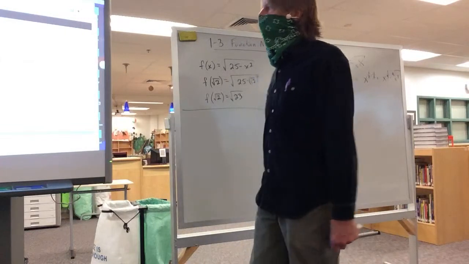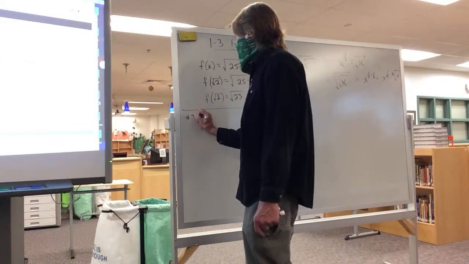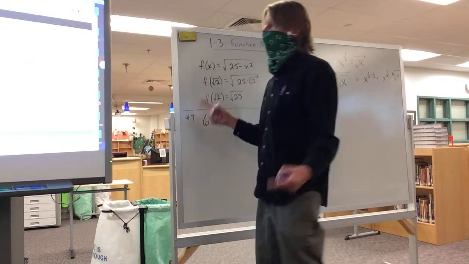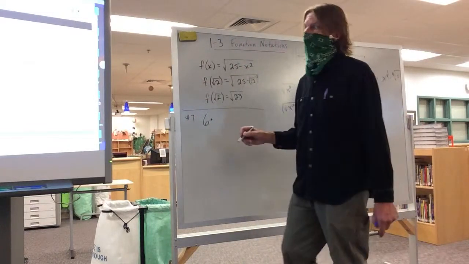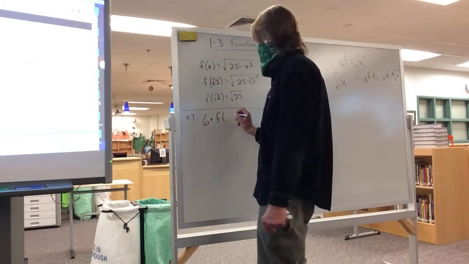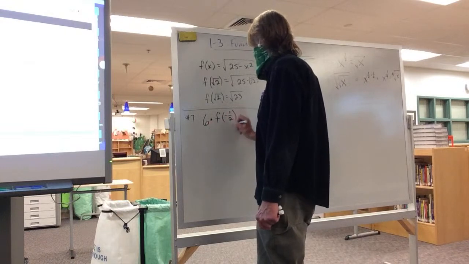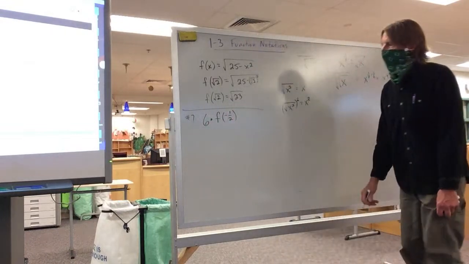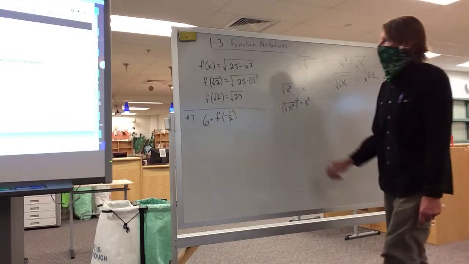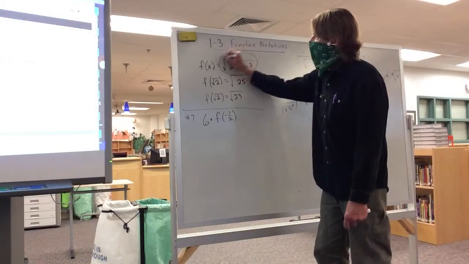So the next one, number 7, is 6 multiplied by, so you should write it as it is, multiplied by the function evaluated at -1/2. So here's the function right here.